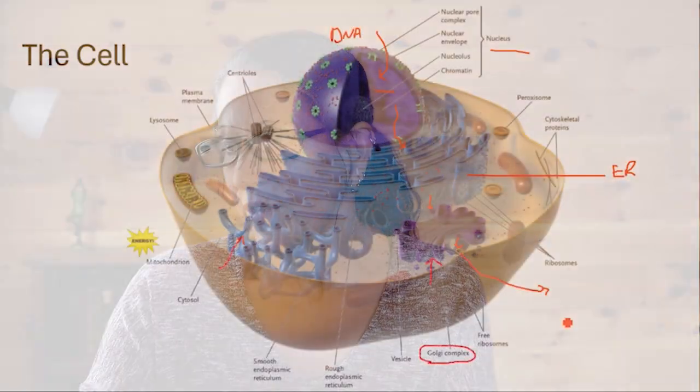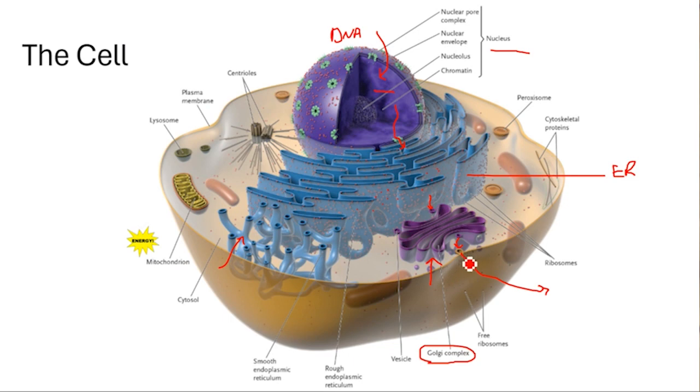And then sometimes those proteins are either used inside of the cell or they can be released outside of the cell. If they leave the cell, they sometimes leave through these little membrane structures called vesicles, and then it can be released out of the cell.